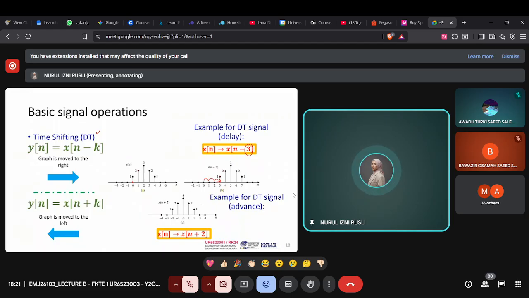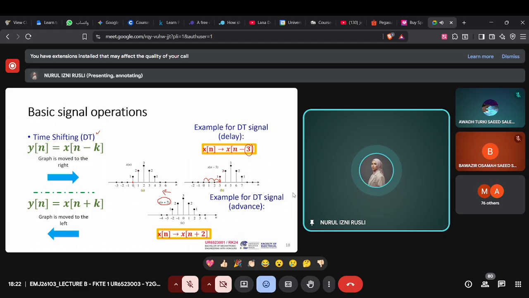So if you have a signal that is x(n + 2), you are basically moving the function to the left. This means that you are having an advance.